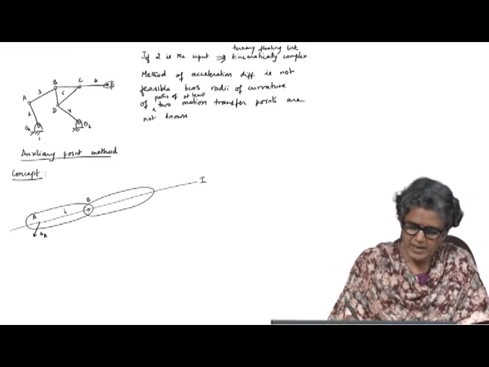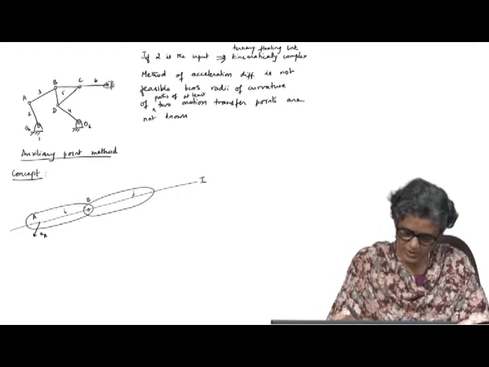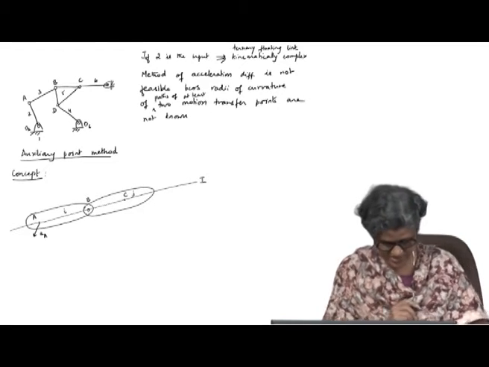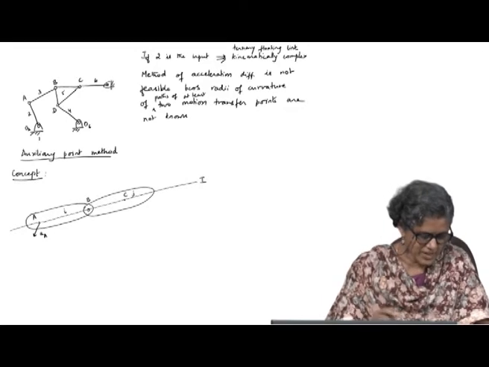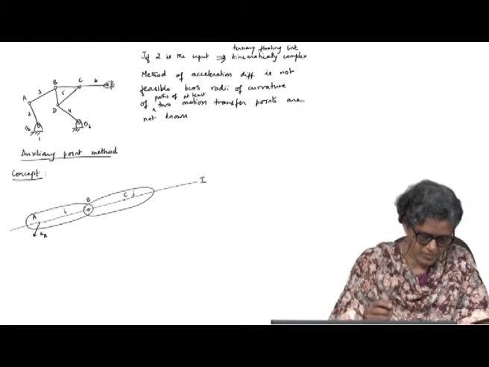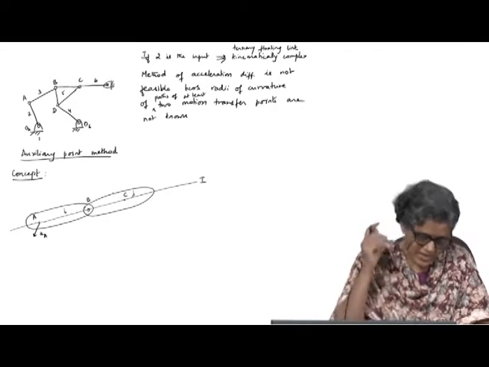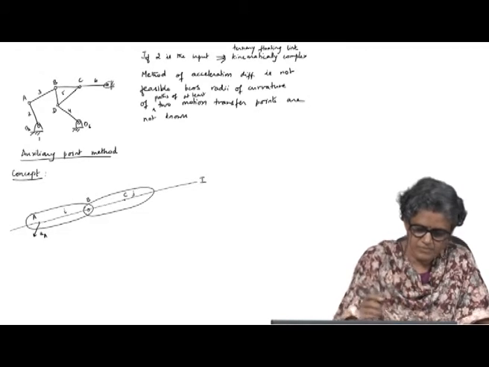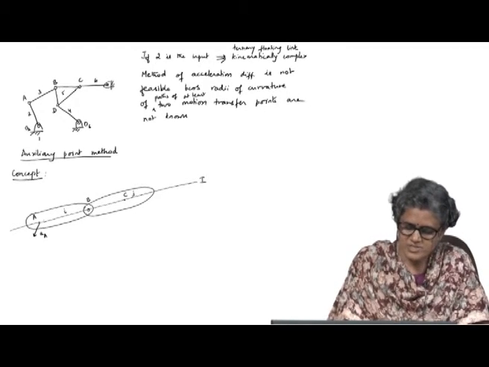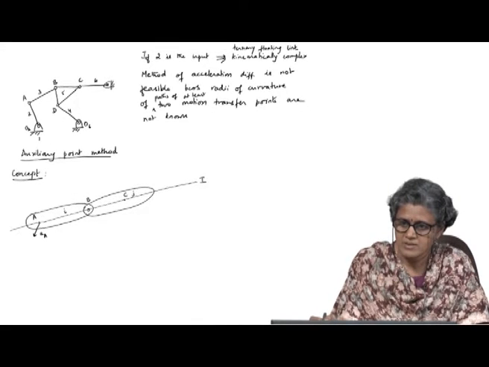You have body i and body j, you have some point C on body j, for which you are interested in some information about the acceleration of C. So, you draw an auxiliary line connecting A and the motion transfer point B.